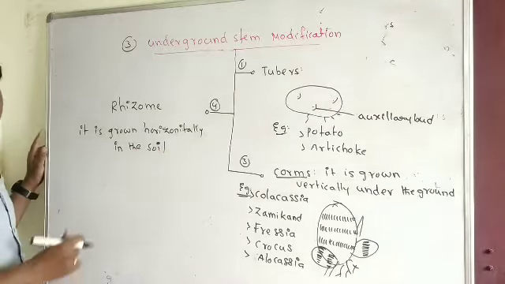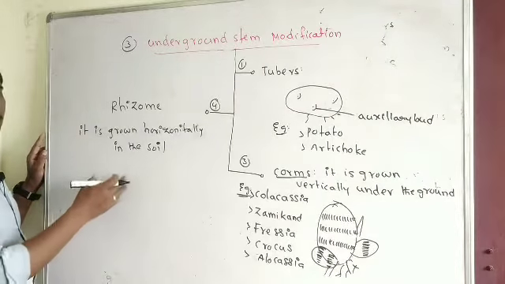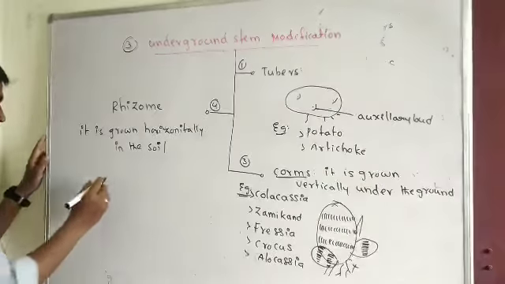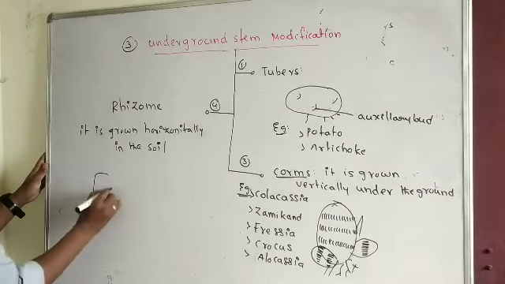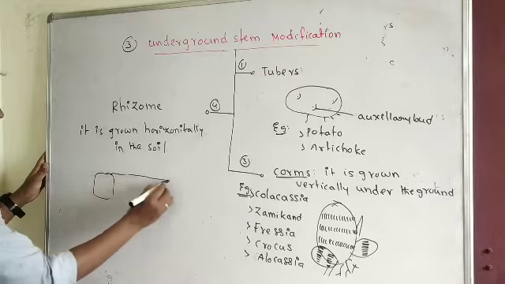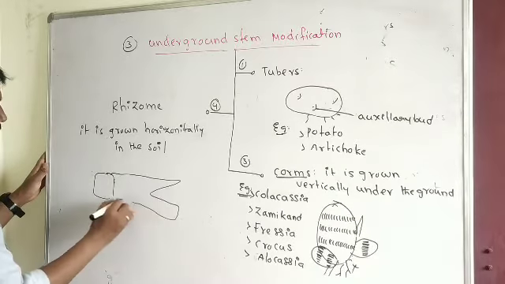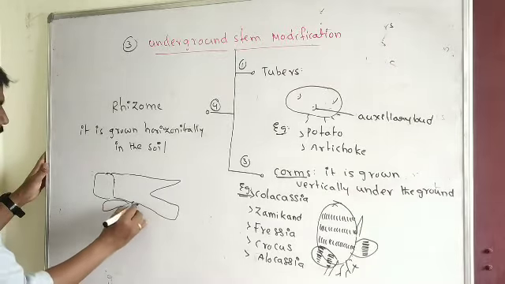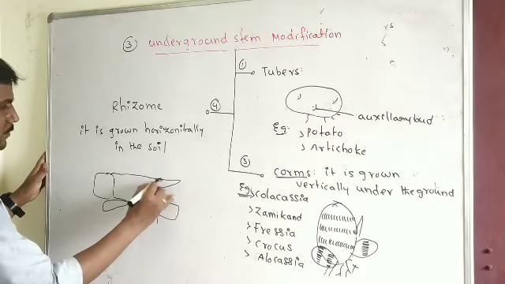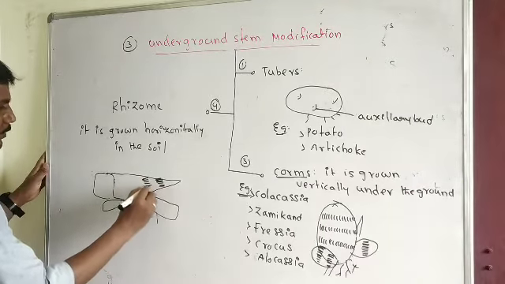The rhizome also consists of nodes, internodes, buds and scaly leaves. Now see the diagram also. It also consists of adventitious buds and nodes and internodes regions.